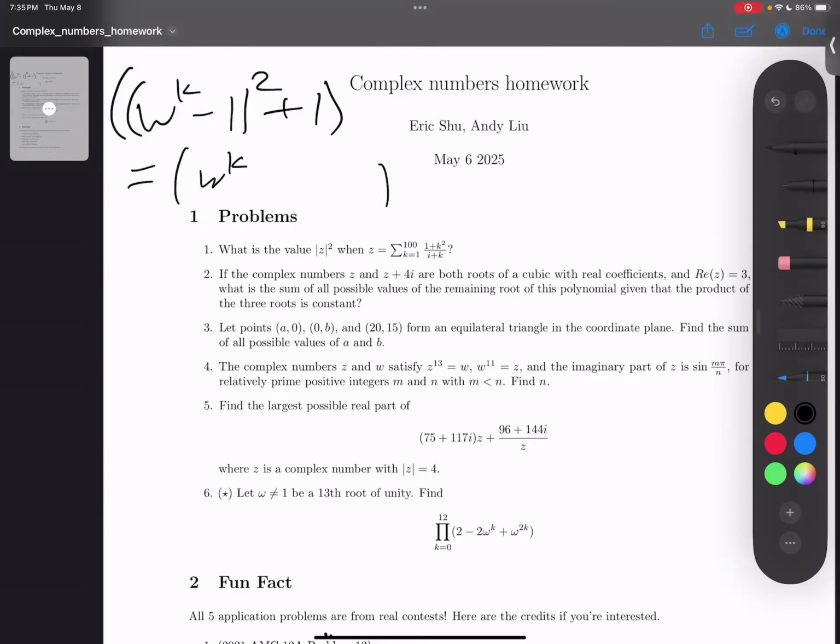So this is equal to 1 plus i minus omega^k times 1 minus i minus omega^k. The omega^k has a negative, but whatever, you can do the other side as well. Does it matter? I think it does matter. It depends, because the next thing we do is we consider the polynomial x^13 minus 1, because we're multiplying this across everything.